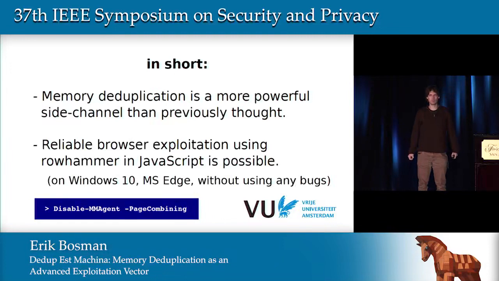My question is more related to rowhammer. How did you reliably find that if I flip this bit, it's going to convert into a pointer to the other location? Because you need reconnaissance first, right? You have to recon.